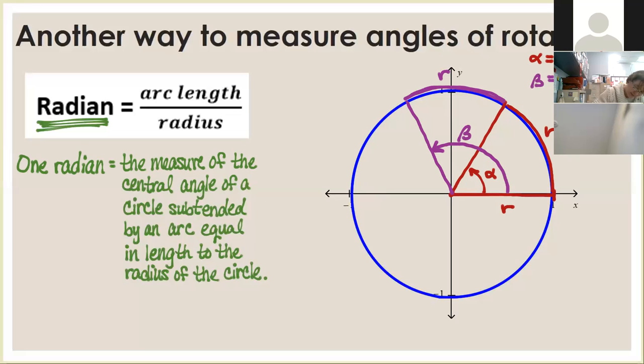That would be 2 radians. And if I do that a third time, this angle right here, I'm going to call this one gamma. So gamma would be 3 radians.